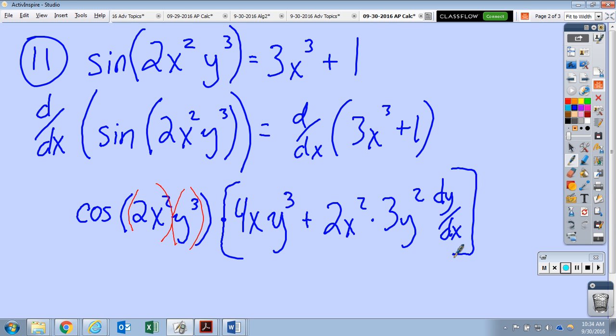So you could just think of it as when I'm differentiating something that involves y, then I need to write dy/dx moving forward. I think it was important to know the details instead of just going straight here.